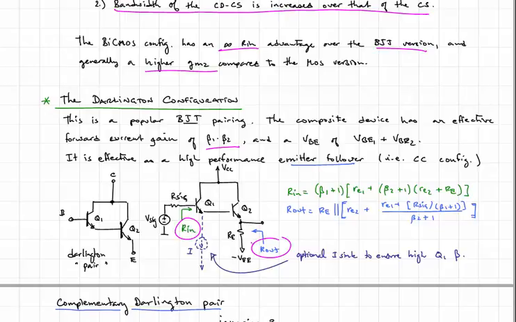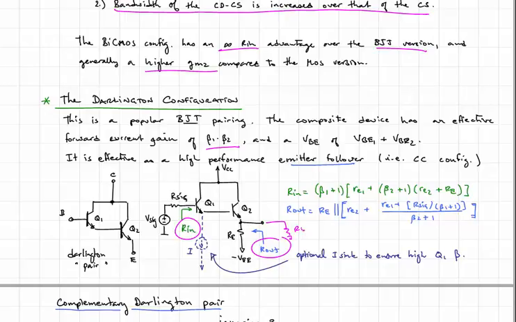The input resistance is going to be basically beta squared times RE in parallel with whatever R load you'd have out here. Okay, so you have an increase in Rin by a factor of beta. The exact expressions are there on the right, but it's effectively an increase of beta over a non-Darlington version.